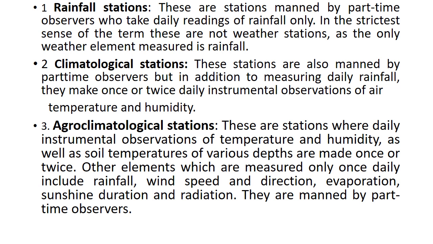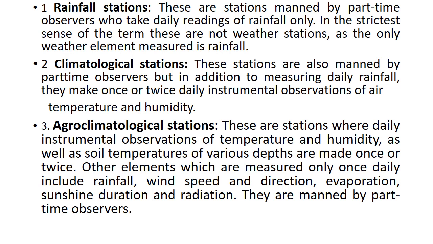Number 1 is rainfall stations. Rainfall stations are stations manned by part-time observers who take daily readings of rainfall only. These are not weather stations in the strictest sense of the term, as the only weather element measured is rainfall.